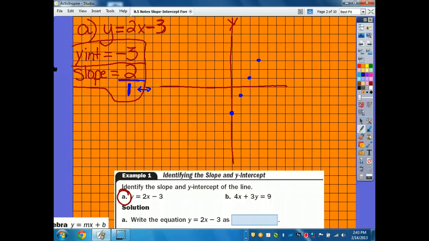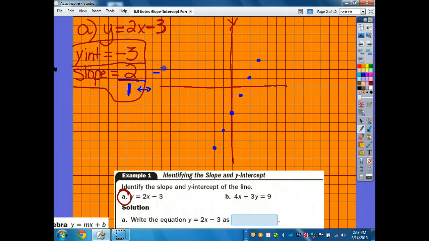But say we ran off and it's not very many dots. Put your pencil right back here at the y-intercept, the -3 again. And instead of going right 1, up 2, how can I get some more dots? Go down left 1, down 2.